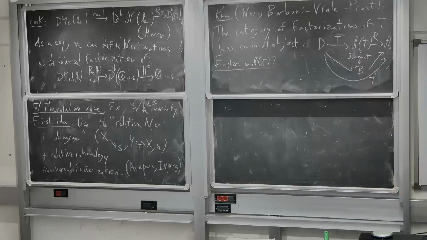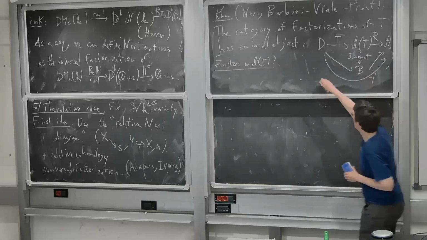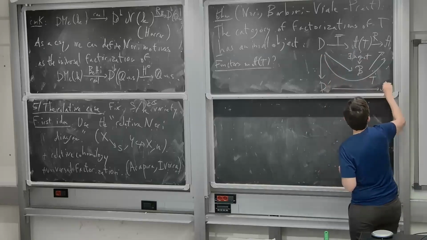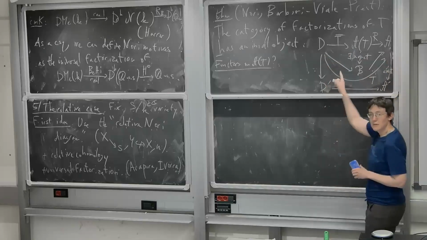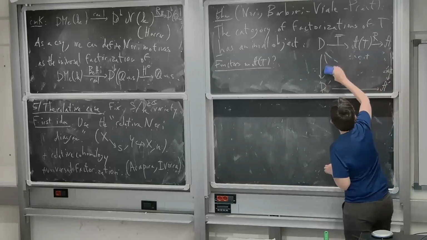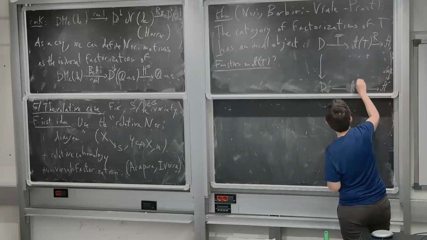And then you can extend it a little bit to functors that are not factorizations. So maybe you also have another diagram and another representation, and you have something exact here, and the thing commutes.